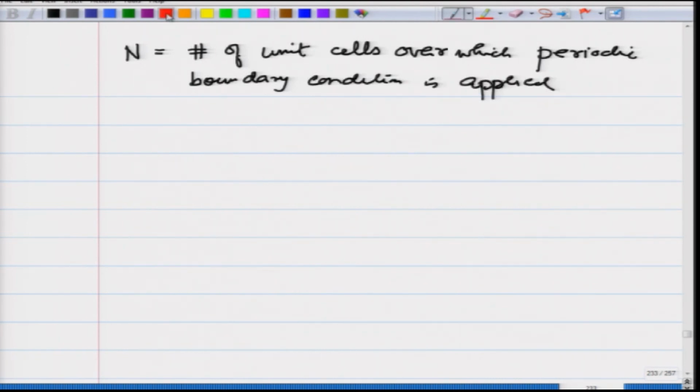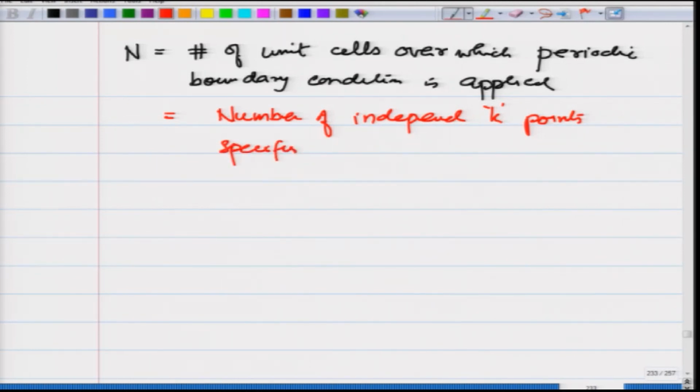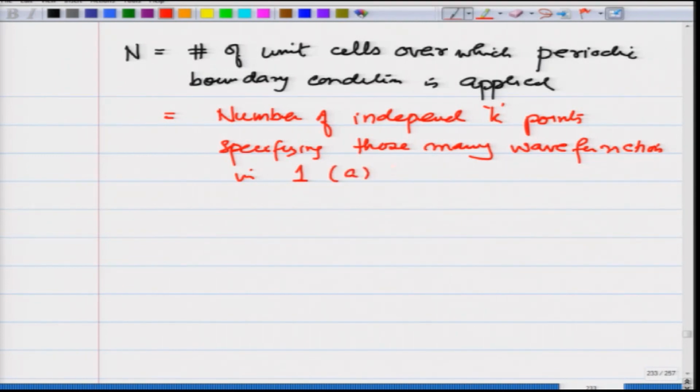Then this is also equal to the number of independent k points specifying then those many wave functions in one band, right.